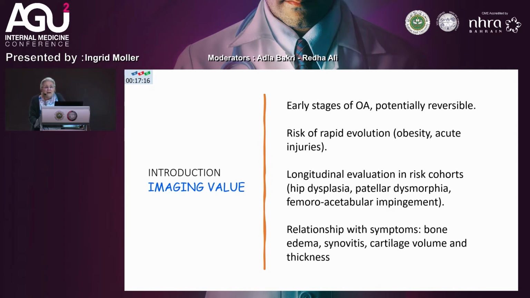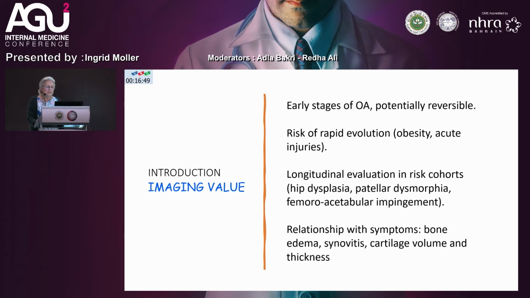Well, early stages of osteoarthritis are potentially reversible. Then we have patients who have the risk of rapid evolution, patients with obesity, with acute injury, and we need a longitudinal evaluation in risk cohorts, meaning that we need to have some imaging technique to do that.